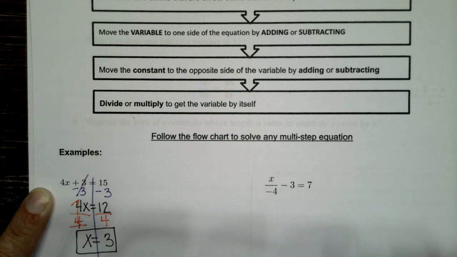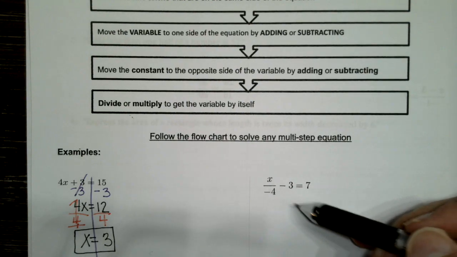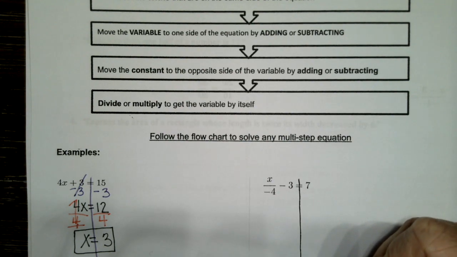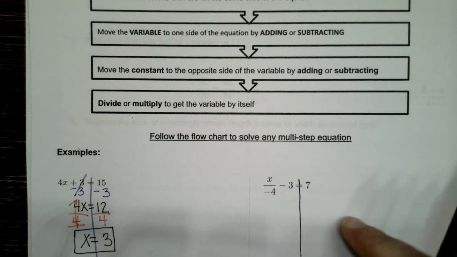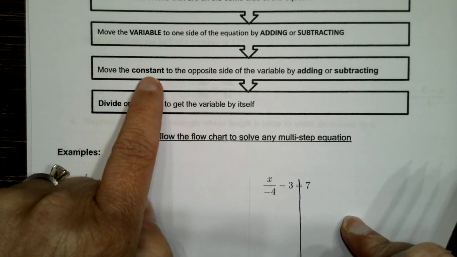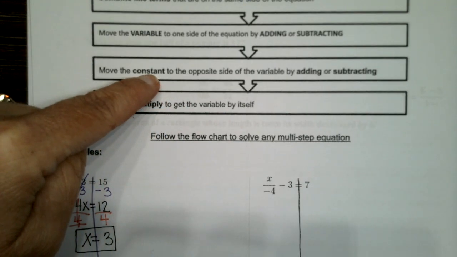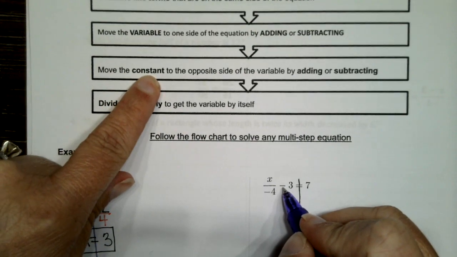So to follow these steps again, there's not a big fraction bar. There's no parentheses. There's no like terms on the same side of the equal sign. There's no variables on both sides. So we're right here. We're going to move the constant to the other side of the equation by doing the opposite operation.